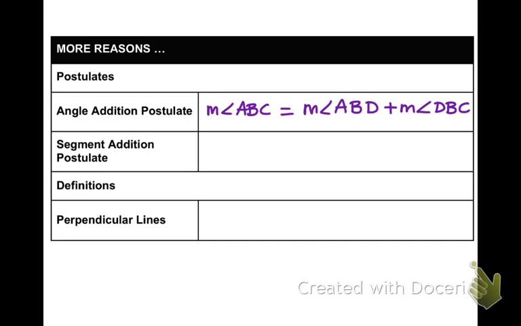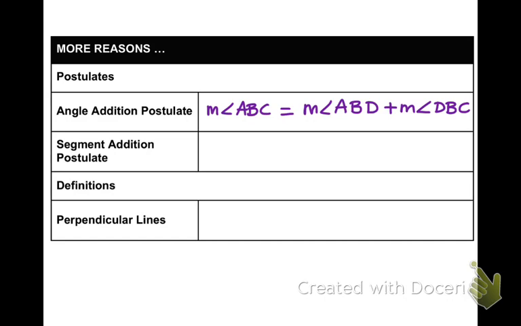What's the difference between this statement and our addition property of equality? They both have pluses in them. It's only adding on one side of the equal sign, right? I don't have a plus sign on the other side of the equal sign, okay? So if you see something with only one plus as opposed to two pluses, don't make it the addition property. Think about what other addition postulates we talked about.